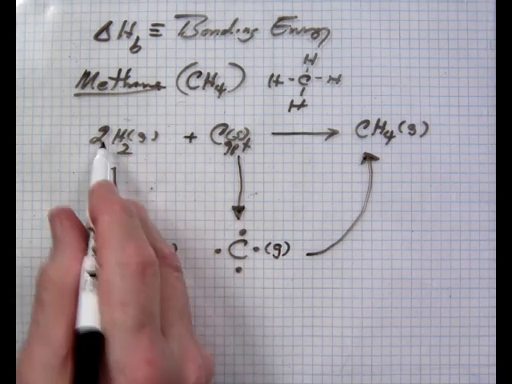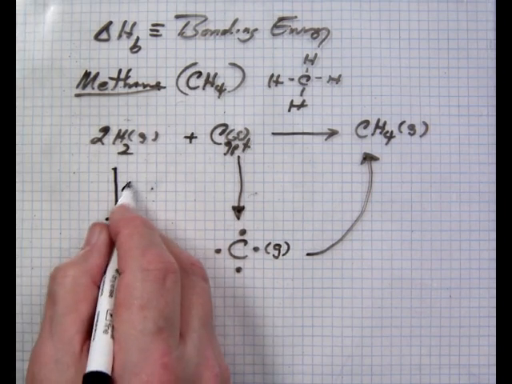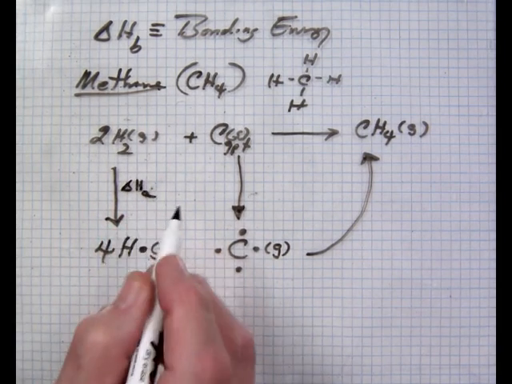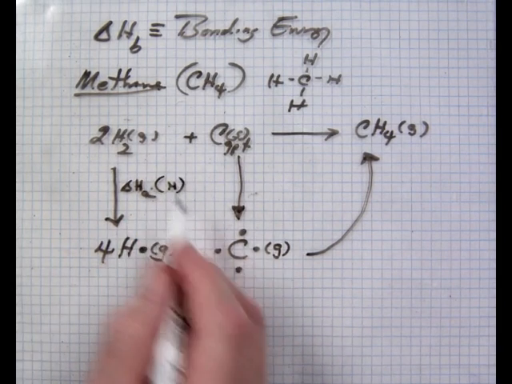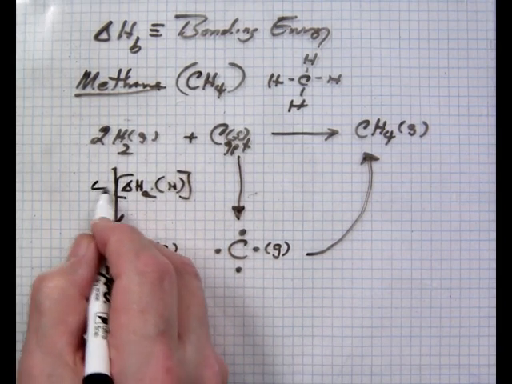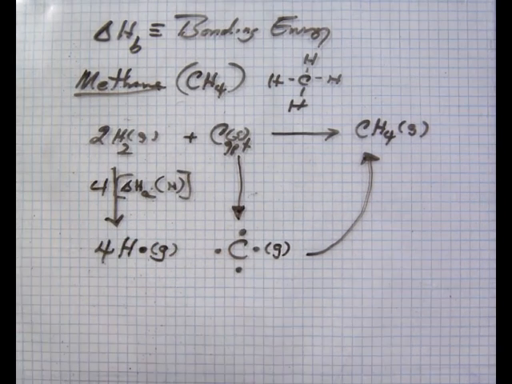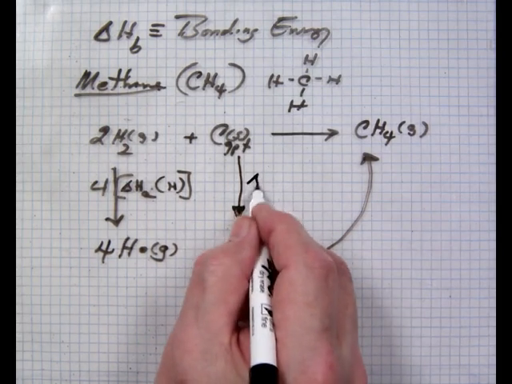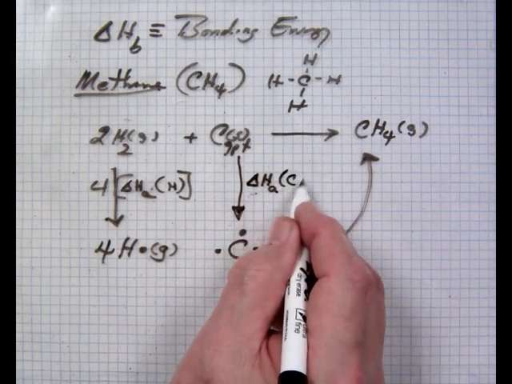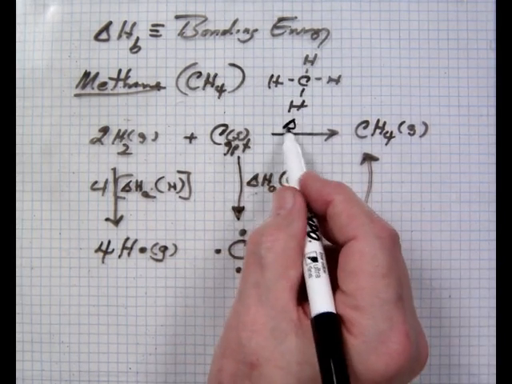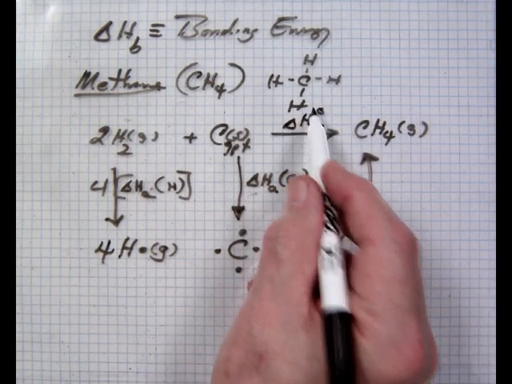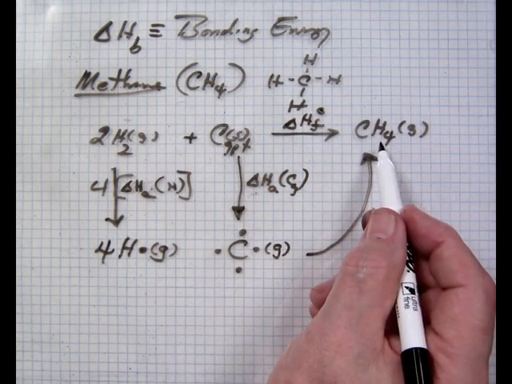This change right here is called the delta H atomization, delta HA for hydrogen, or actually 4 of them. Okay, this one is the delta H atomization for graphite, and this is your delta H of formation, standard heat of formation for methane.